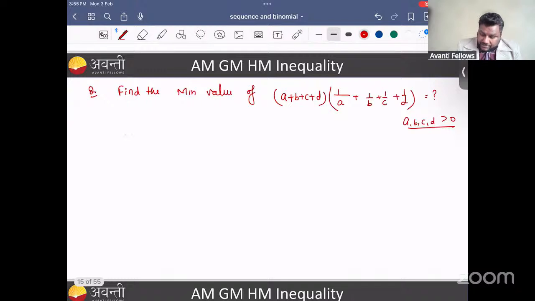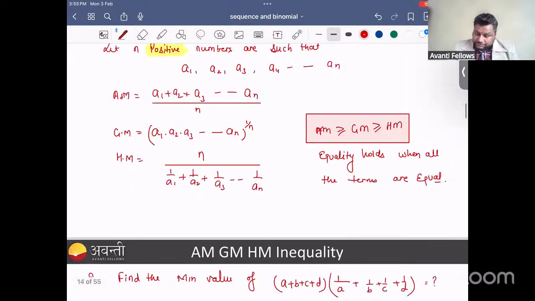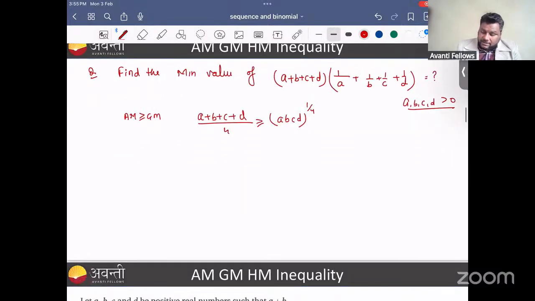Now, if I talk about AM more than equal to GM, so A plus B plus C plus D by 4 more than equals to ABCD raised to the power 1 by 4. Now, if I talk about 1 by A, 1 by B, 1 by C, 1 by D, their AM is 1 by A plus 1 by B plus 1 by C plus 1 by D by 4 more than equals to their product, that is 1 upon ABCD whole to the power 1 by 4.